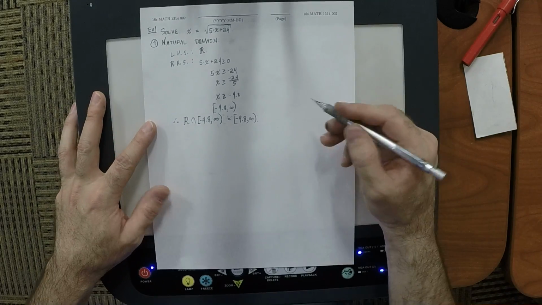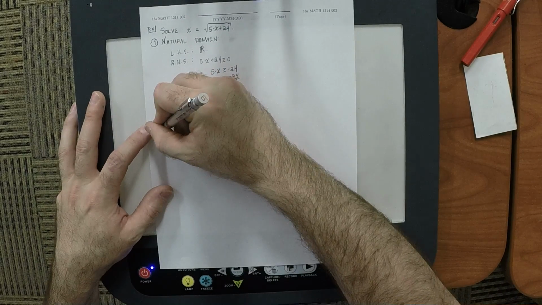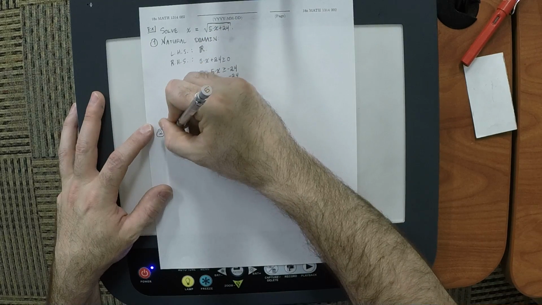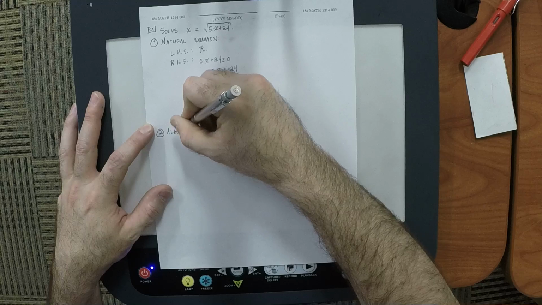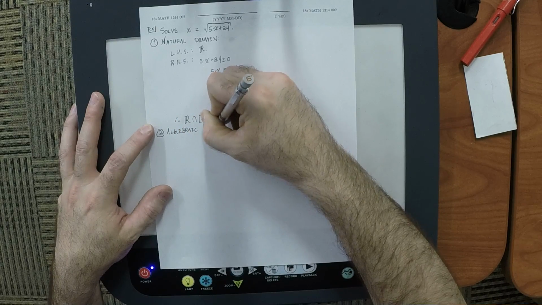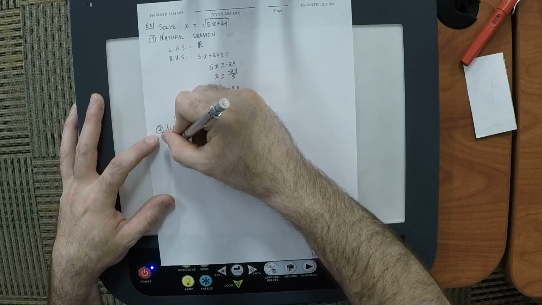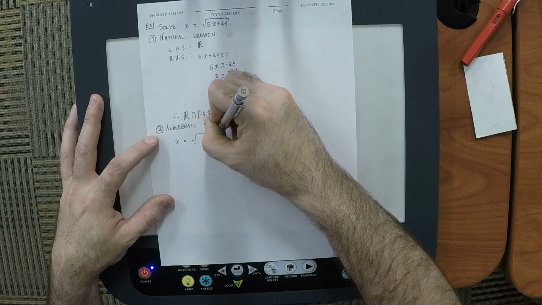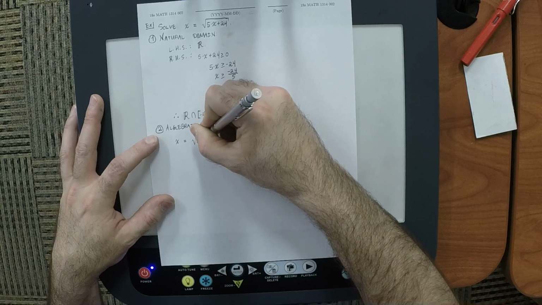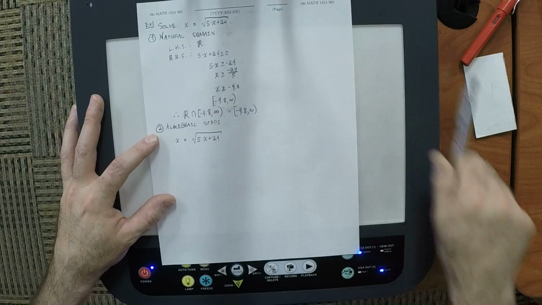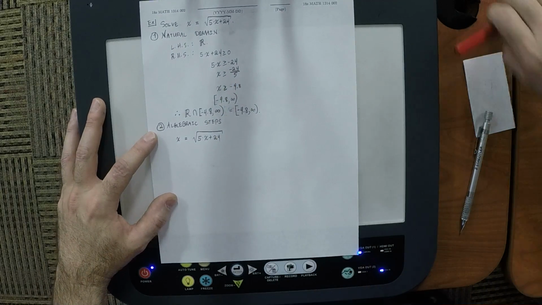Okay. So, good. Now we're going to perform some algebraic steps. So x is the square root of 5x plus 24. We want to solve for x.